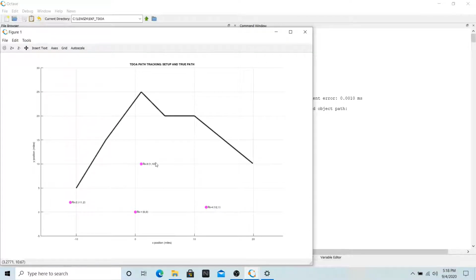Now, due to several sources of noise present in the environment, there is a significant error introduced in the timestamps recorded by the different receivers, which leads to noisy measurements of TDOA. Now we will see how the Kalman filter can remove the noise from the measurement and give us the best possible estimate of the object position in real time.